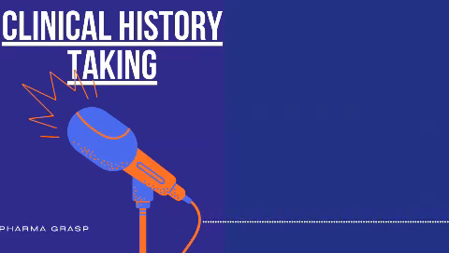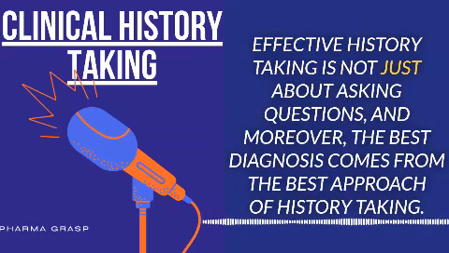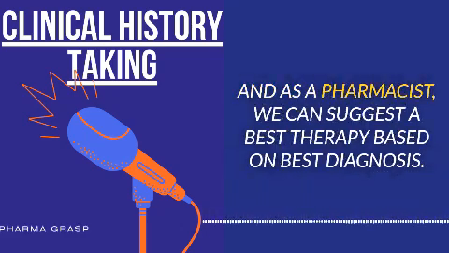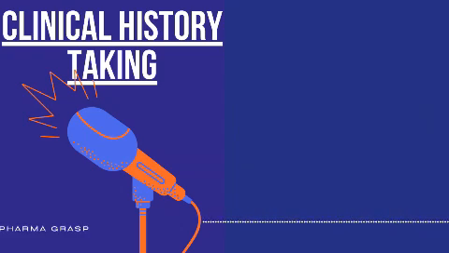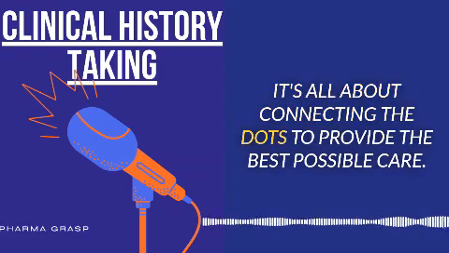Always remember, effective history taking is not just about asking questions, and moreover, the best diagnosis comes from the best approach of history taking. And as a pharmacist, we can suggest the best therapy based on the best diagnosis. It's all about connecting the dots to provide the best possible care.